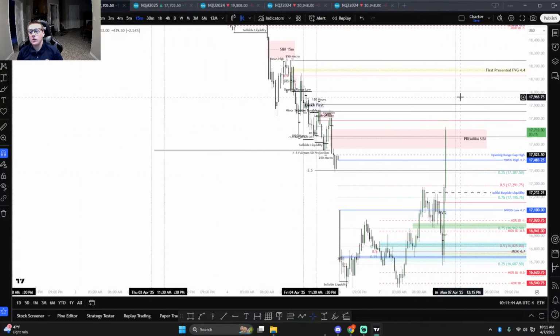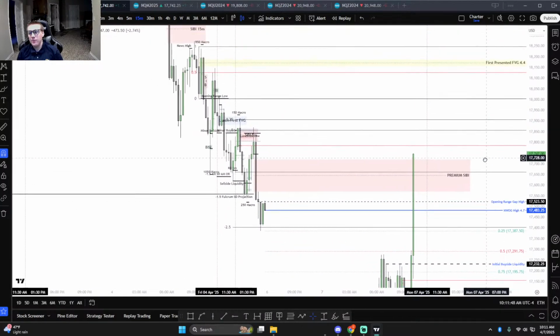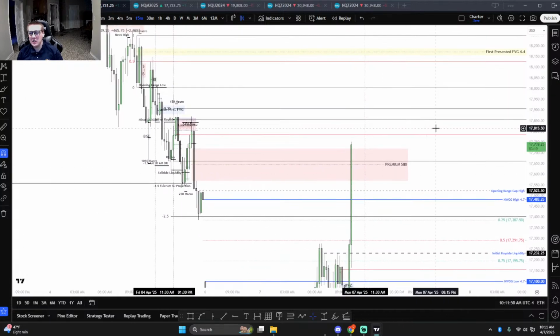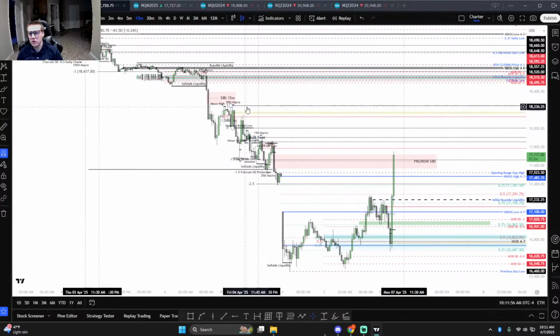That is really all I'm looking for today. I mean, this is just stupid volatile. Maybe we trade up into the first percentage fair value gap and into this Sibby, which you just don't know in these market conditions.